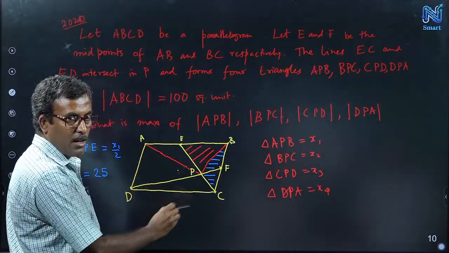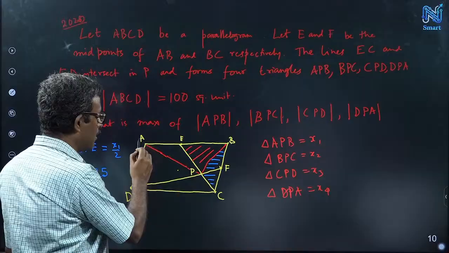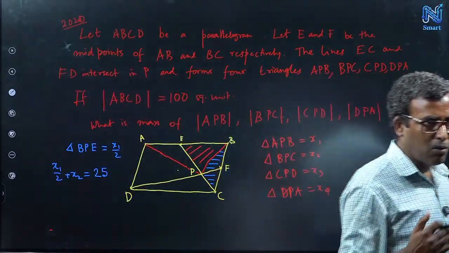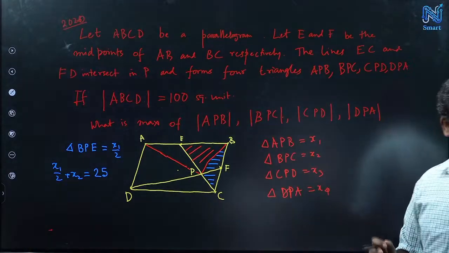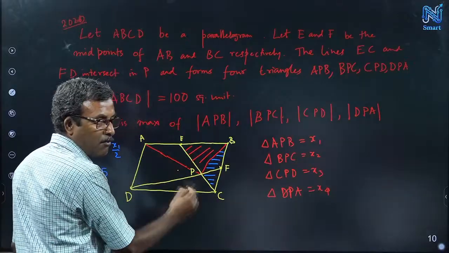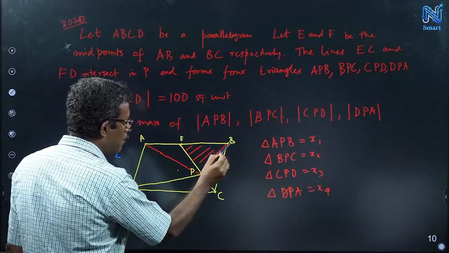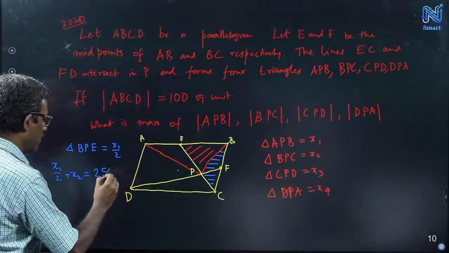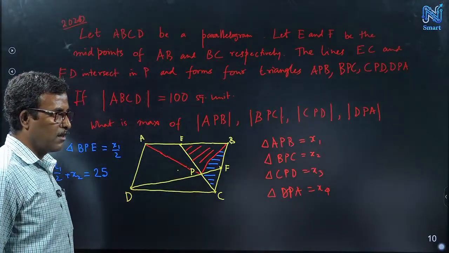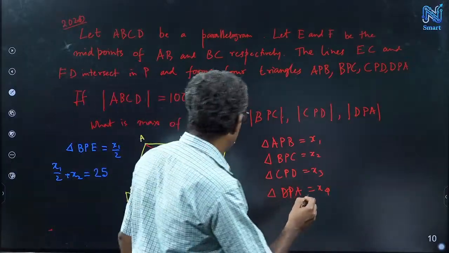Area of ABC is 50. The area of ABCD is just 100, and this is a diagonal, and the diagonal divides the whole parallelogram into two congruent triangles. So this is 50, and since this is 50, this is 25 because half again. The area of ABC is 50, that means the area of EBC is 25. So this is actually 25, right? Again similar type of thing. This area is x2, right?